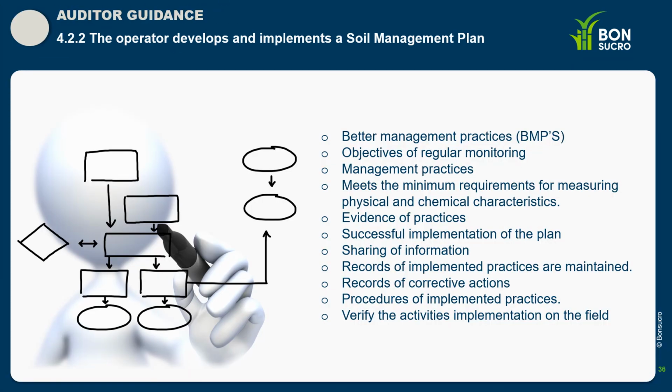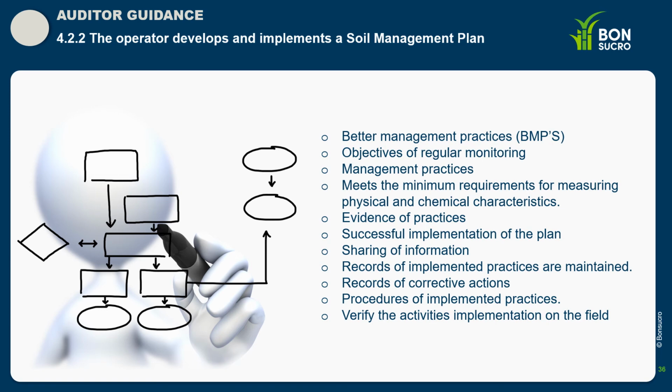From the auditing point of view, first of all, that comes from 4.2.1 for the mapping of the soils and the soil management units. After that, this information leads to a management plan. So who is in charge of that management plan? What are the plans? What are the objectives? What are the indicators?